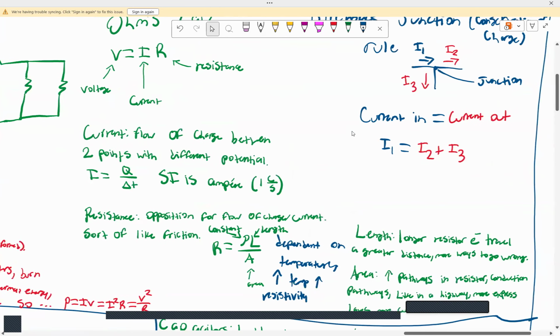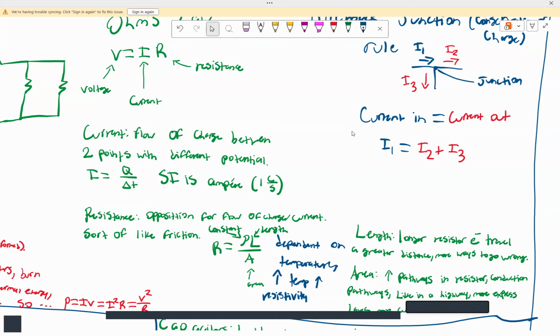So it is sort of like friction in a way, if you think about it. As a current flows through a wire, there's going to be some resistance because life isn't perfect. We aren't in a vacuum. There's going to be some transmission of charge into the atmosphere or into the resistor, because the universe craves disorder.